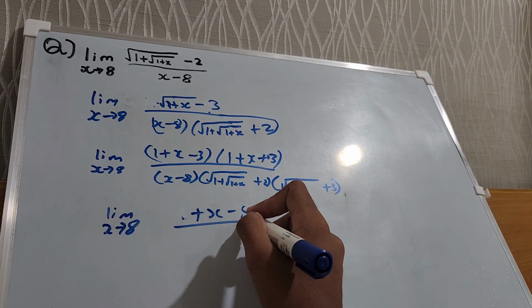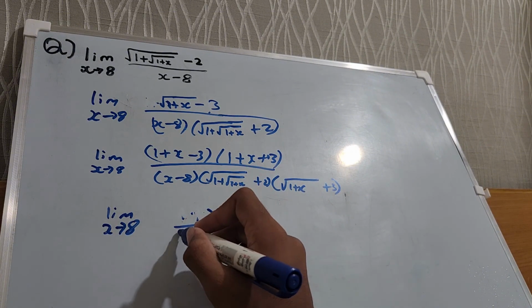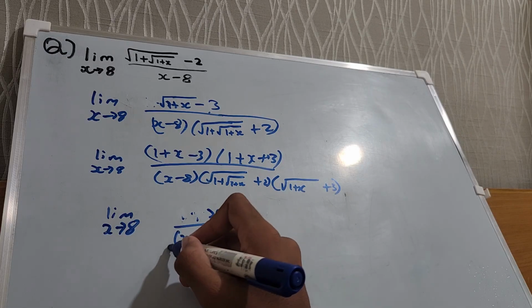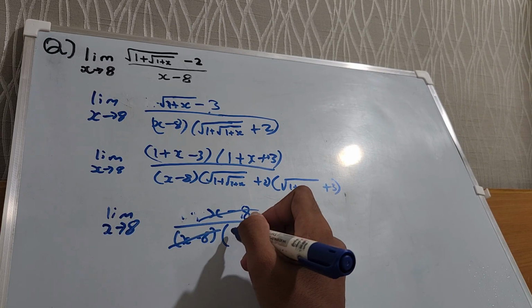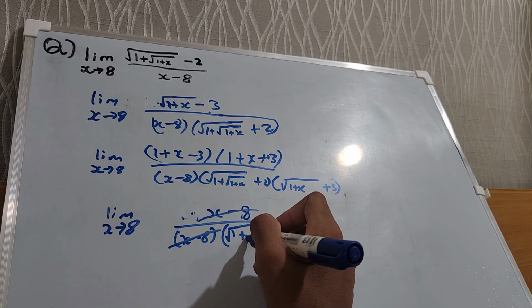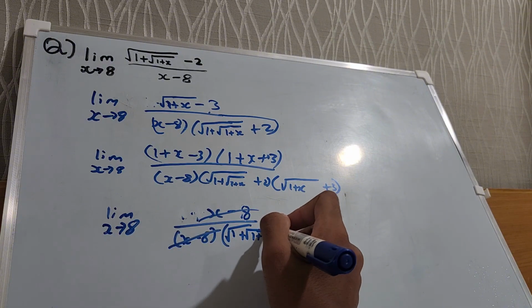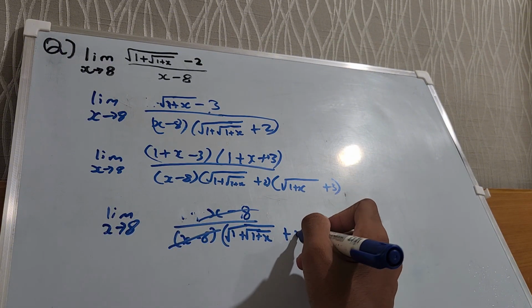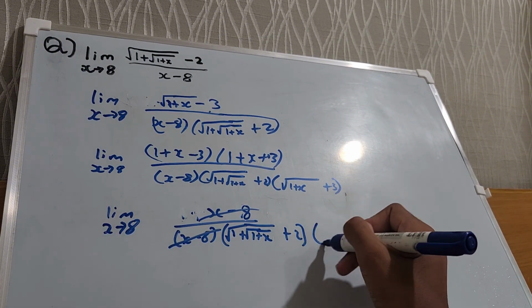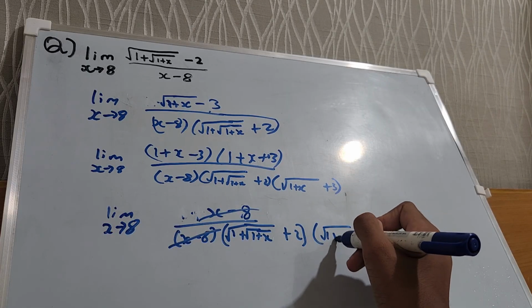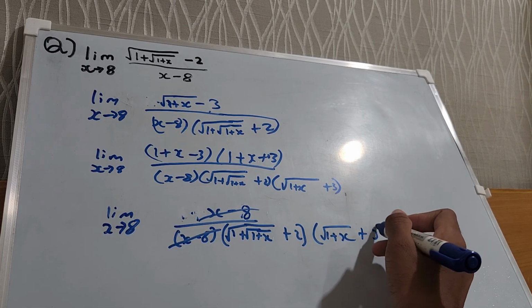If you write it as minus 8, x minus 8 here cancels, then the remaining we write as it is, root 1 plus x plus 2 into root over 1 plus x plus 3.